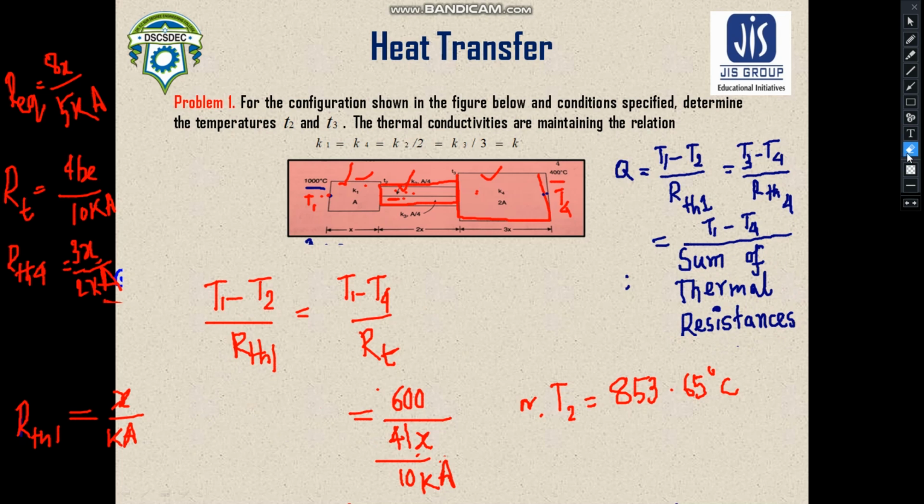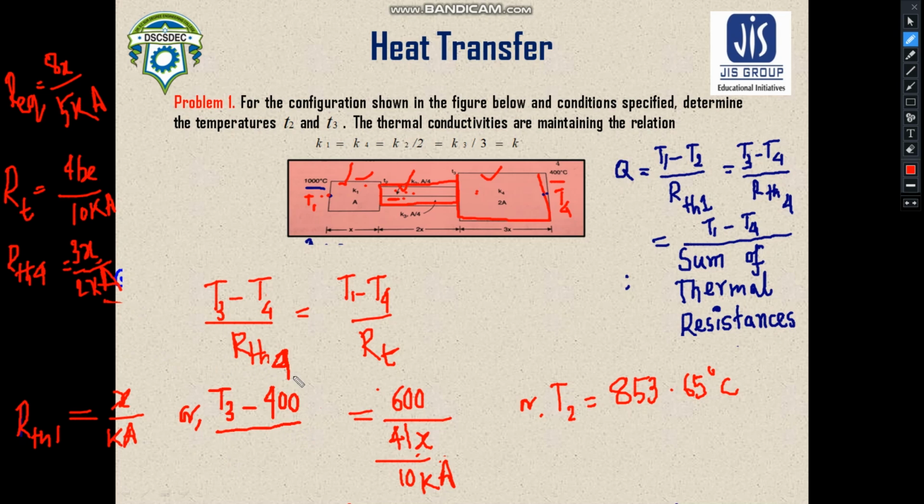So just give me some time, I'm just writing it here. T3 minus T4, and it will be RTH4. I think you have got why I'm writing this. So T3, you don't know the value of T3 because this is your objective here, and this T4 you know, and T4 is nothing but 400 degrees Celsius.